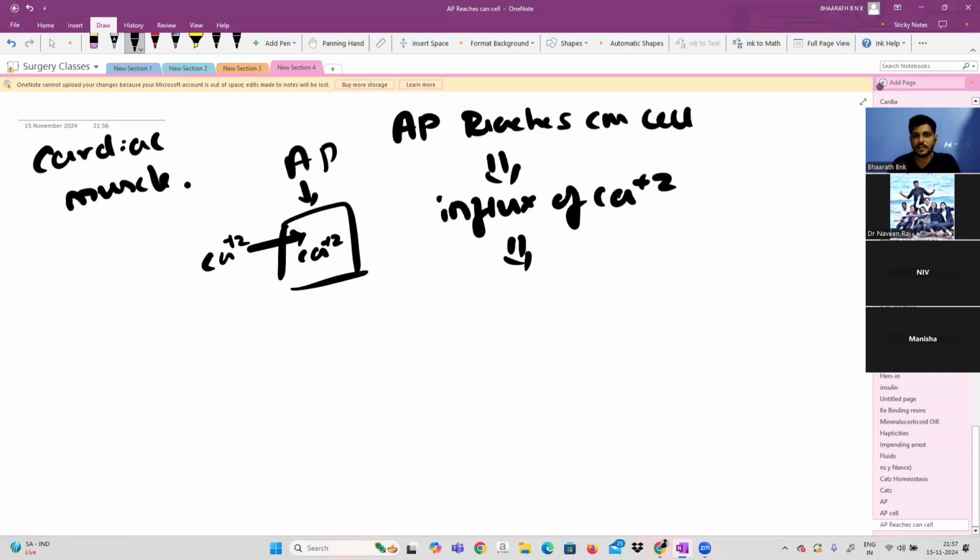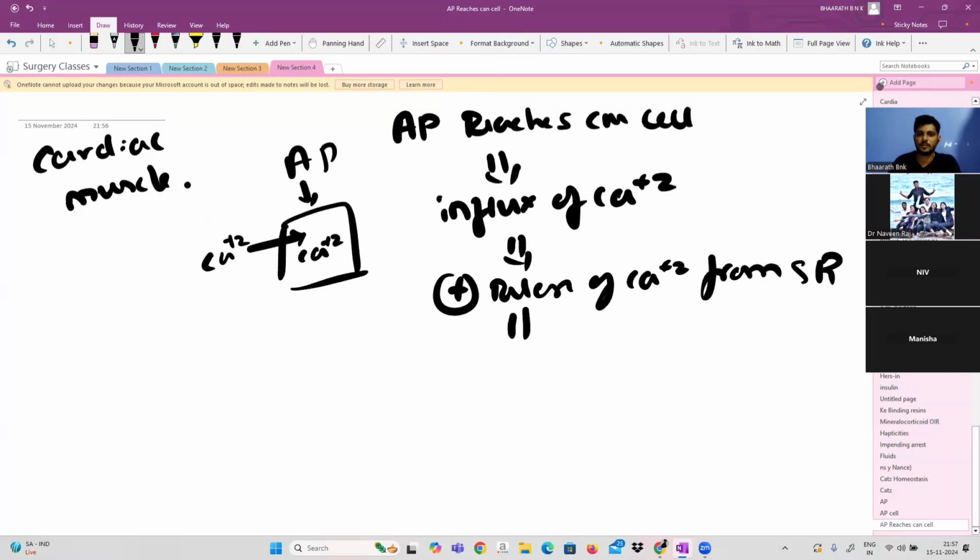And this calcium that enters inside will cause the release of calcium from the sarcoplasmic reticulum. Now then the same things happen that lead to muscle contraction. Right? So this is the basic difference.